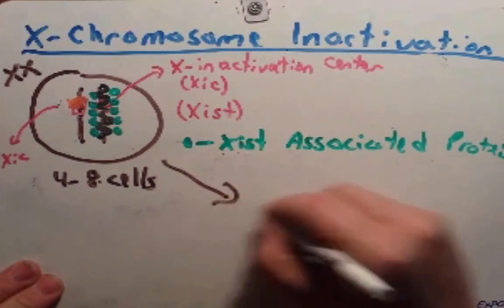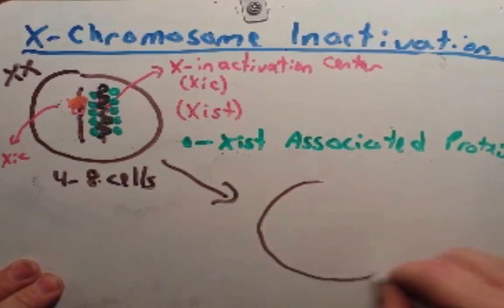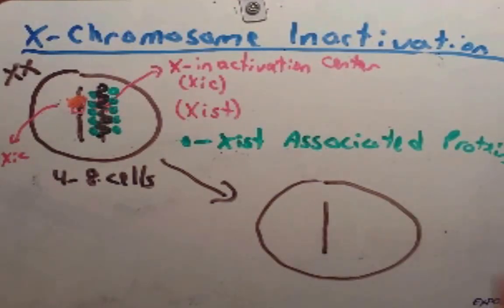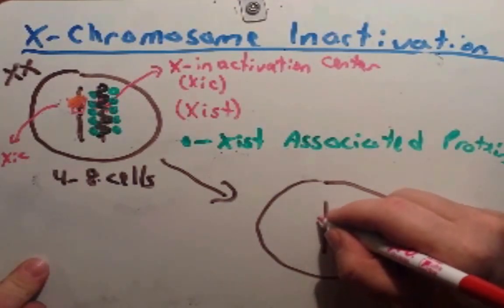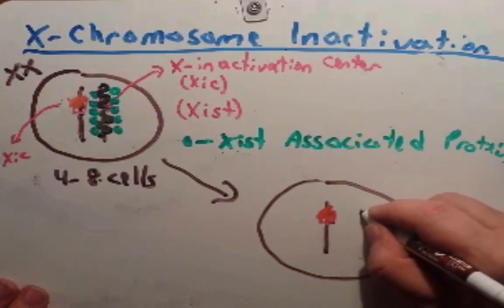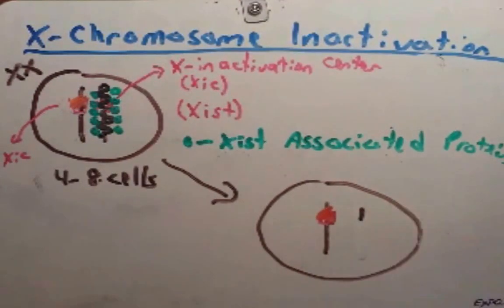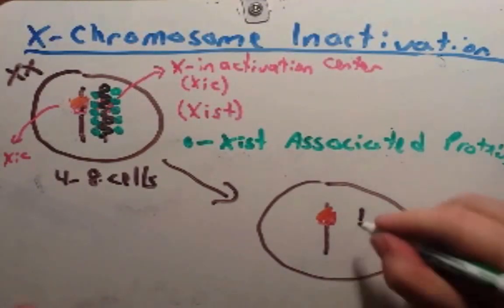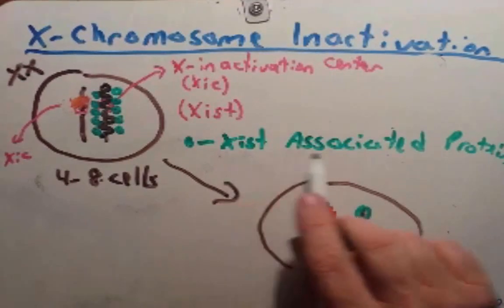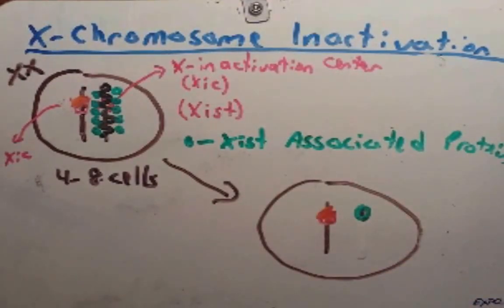So ultimately what you get is something that looks like such, where over here you still have your XIC, it still remains repressed, but now this X chromosome has become highly condensed because of these xist associated proteins wrapping around it and condensing it.